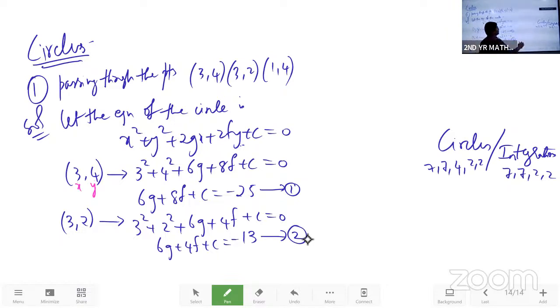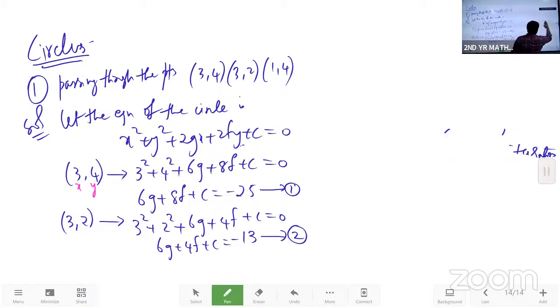And what is your third equation? Substitute the third point. Is it clear? So what is the third point I'm going to substitute here? It is (1, 4).